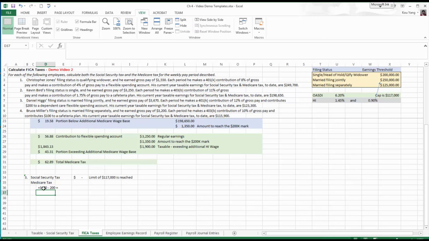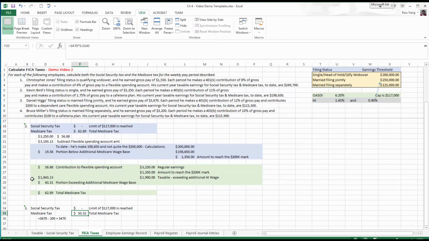Okay, so his total taxable earnings would be $3,470. That's taxable under Medicare, and that is his total Medicare tax of $50.32 for Daniel Higgs.